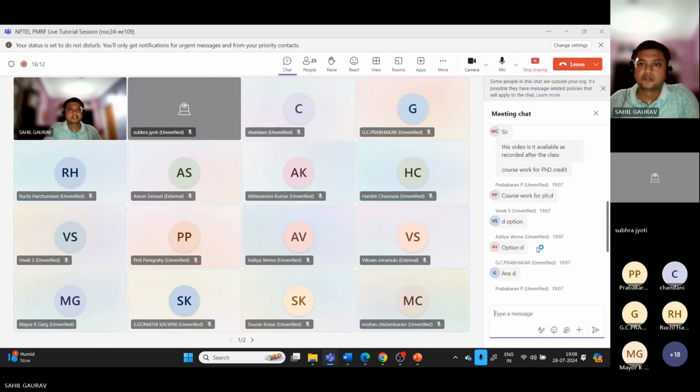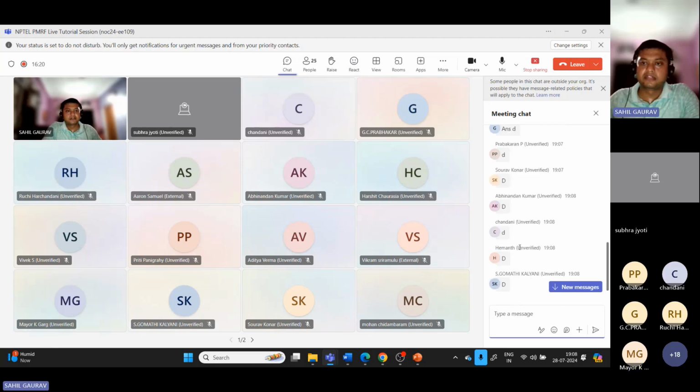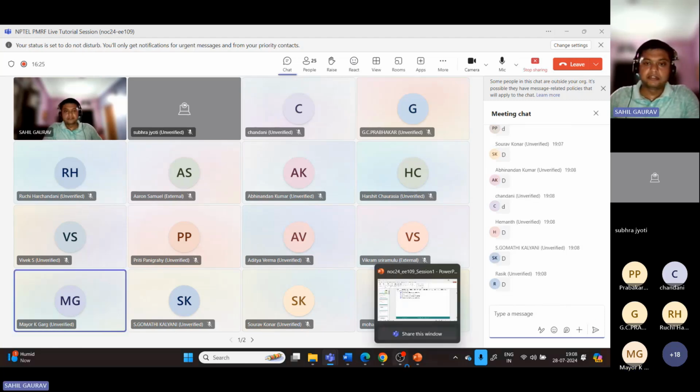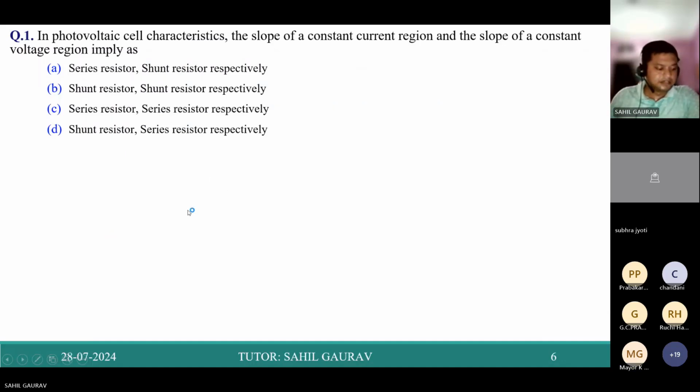Yes, correct. Vivek, Aditya Verma, Prabhakar, Saurabh, Ravinandan, Chandni, Hemant, Kalyani, all of you are prepared. So we know that if we see the IV characteristics of solar PV, this high value of shunt resistor comes in parallel with the solar PV module in the model of solar PV.